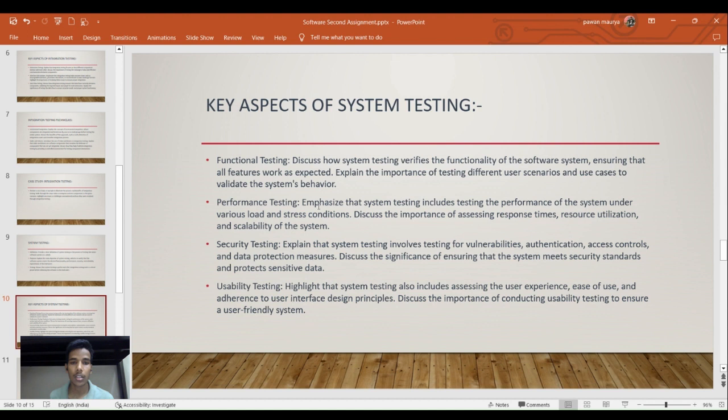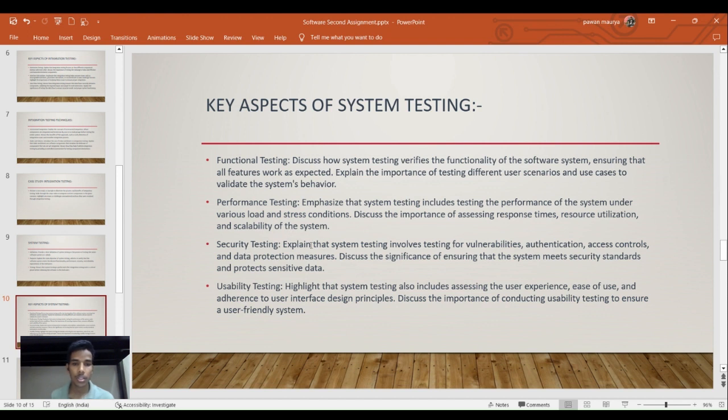Performance testing: emphasize that system testing includes testing the performance of the system under various load and stress conditions. Discuss the importance of assessing response times, resource utilization, and scalability of the system.